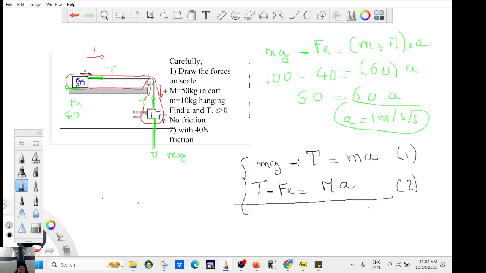And you will get the same thing, because if you add equation 1 and equation 2, you still get mg minus kinetic friction equals m plus m times a. You can use one of these equations to find T. Agree? So if you want to find T, you can say 50 times 1 plus 40.